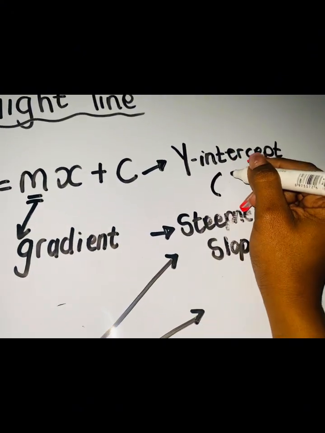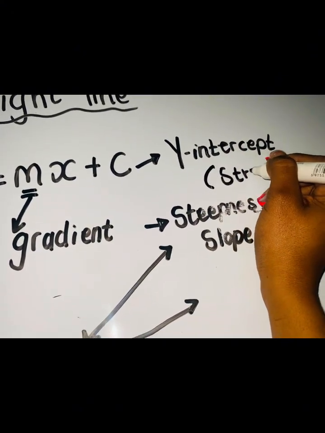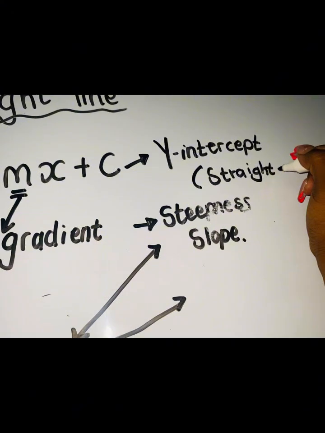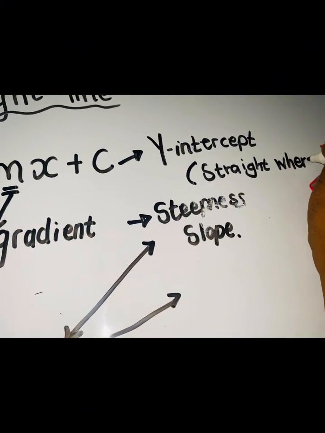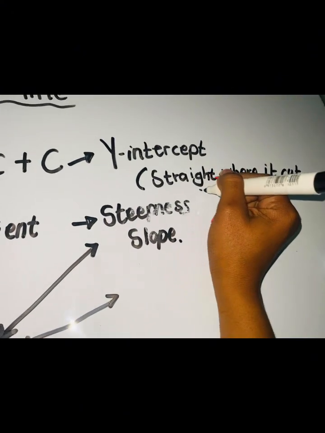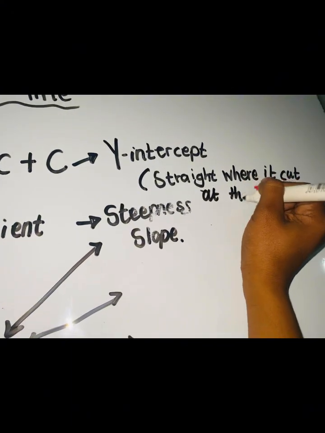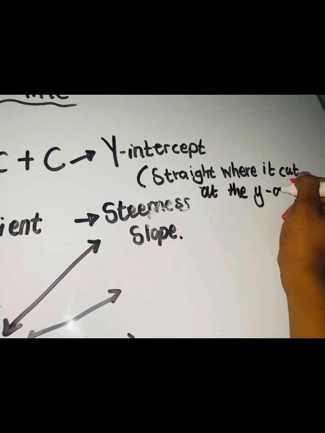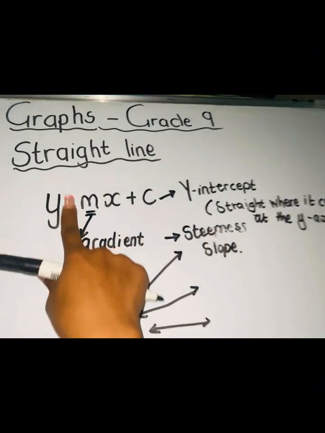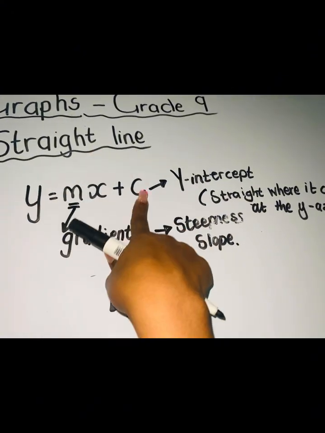This is where the straight line cuts the y-axis. That's the only thing that you need to know about the straight line: the gradient of the straight line and the y-intercept.